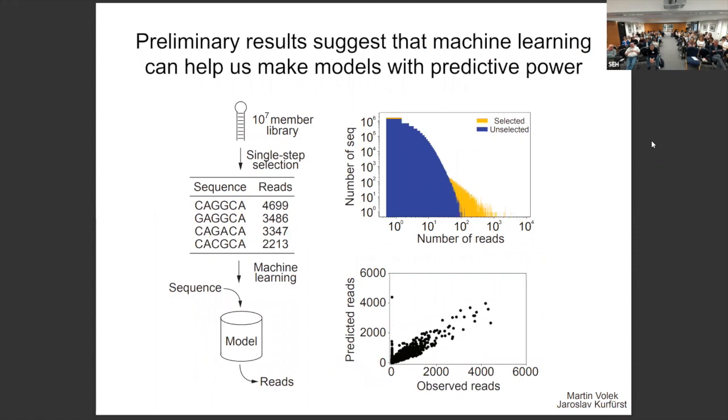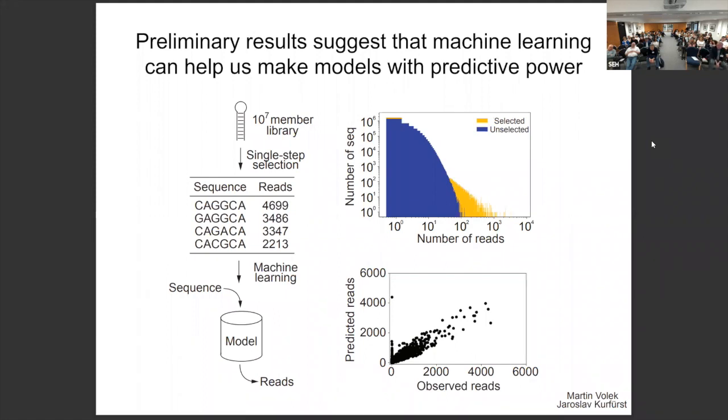So this is a very nice collaboration between two excellent students in my group, Martin Volek and Yarda Kerfoot. Martin made a secondary structure library based on an unpublished fluorescent deoxyribozyme. He then performed a single step selection, and the result of this was a bunch of read numbers, a bunch of sequences.